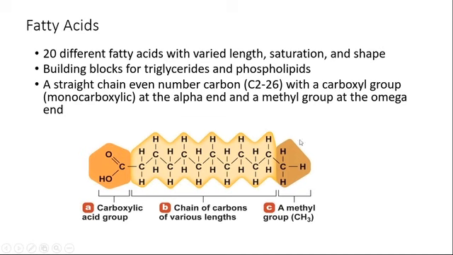And at the other end, they have a methyl group, and that is known as the omega end. So remember the alpha end and the omega end, because when we write fatty acids or we name fatty acids, we name them either from the alpha end or from the omega end.